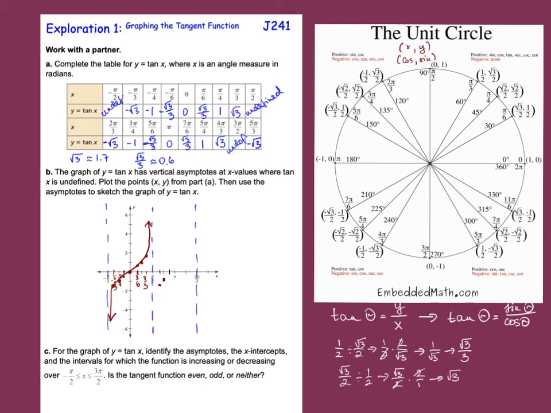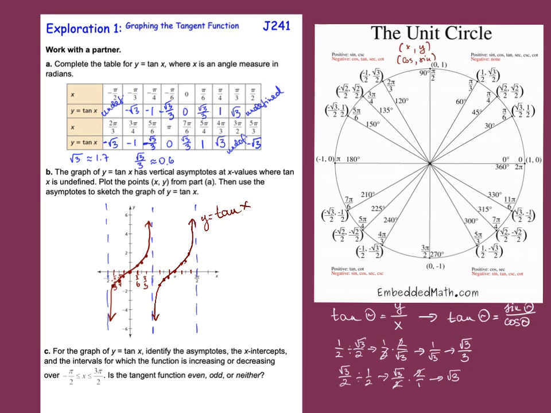Then at 5 pi over 6, we'll have about 0.6. So right here. And at pi, we have 0. Then we have 0.6. We have 1. And again, we have 1.73. So we can complete the second cycle of the graph, of the tangent graph. So this is my y equals tangent x graph.